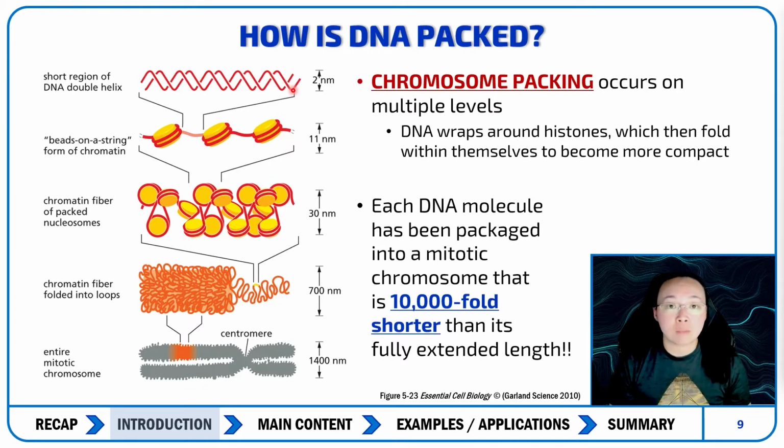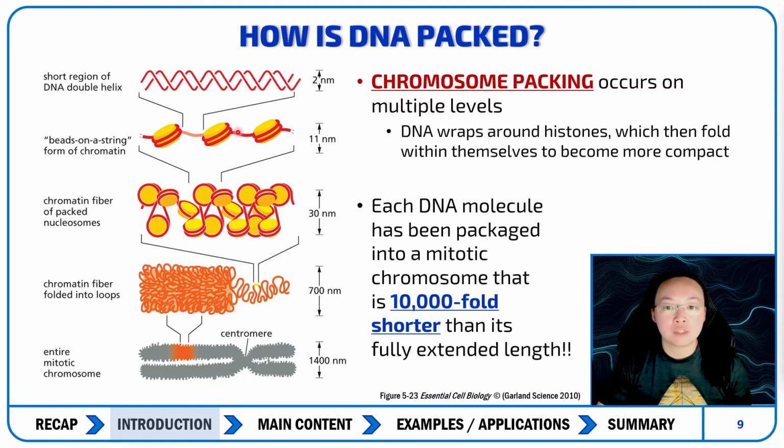If it wants to wrap itself around a histone, these yellow discs over here, then it must be attracted to it. So the histone most likely is positively charged, which we'll discuss later, and the DNA is going to be attracted to it and want to wind itself around it.